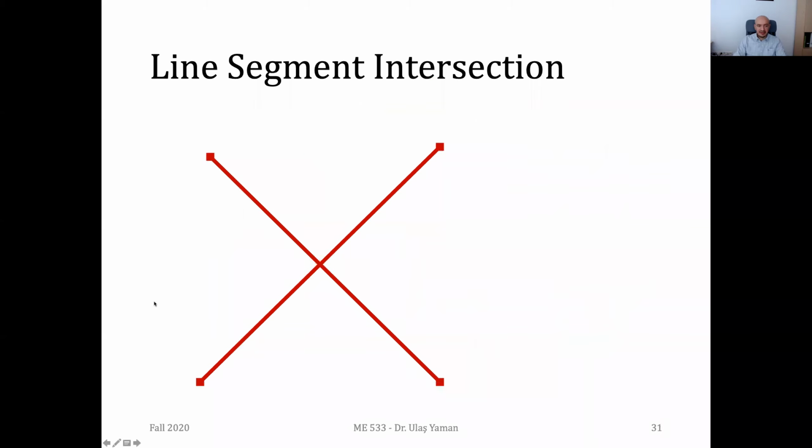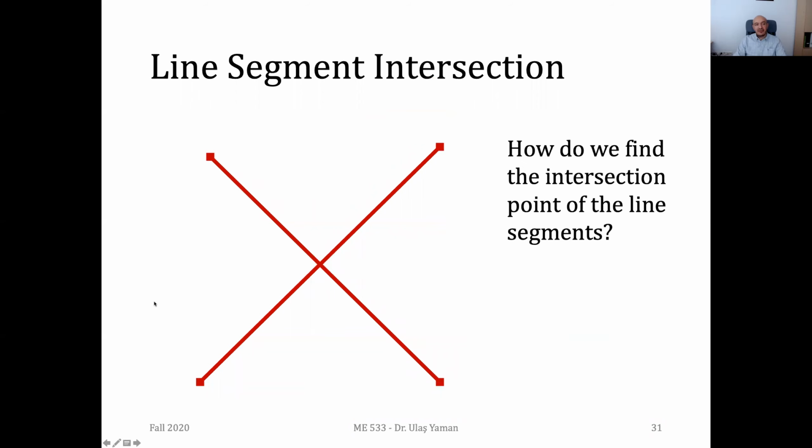But what about the line segments? How can we determine the intersection point of line segments? Can we use a similar idea? Right now we don't have the equation. Instead, what we have are the coordinates.